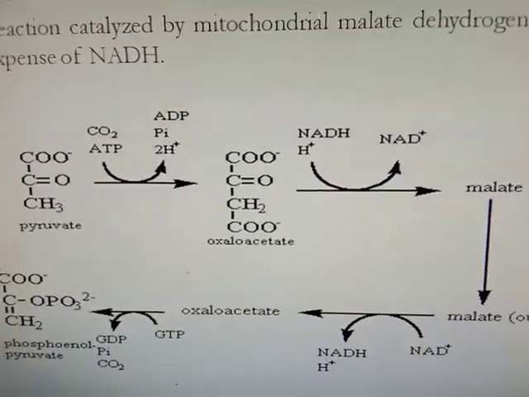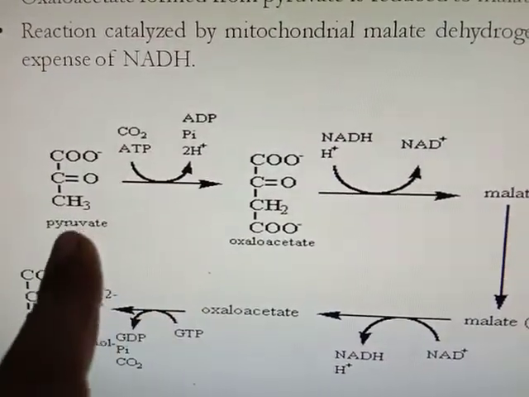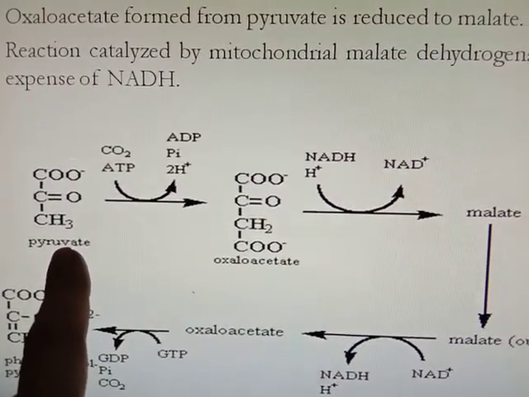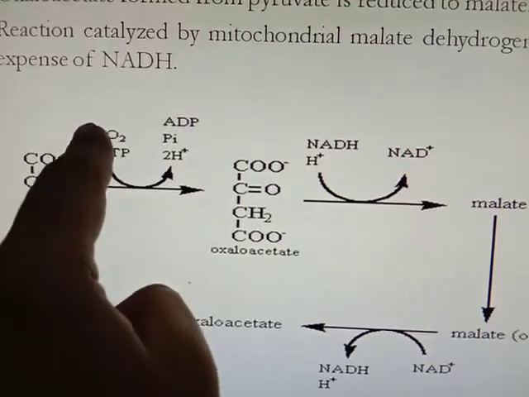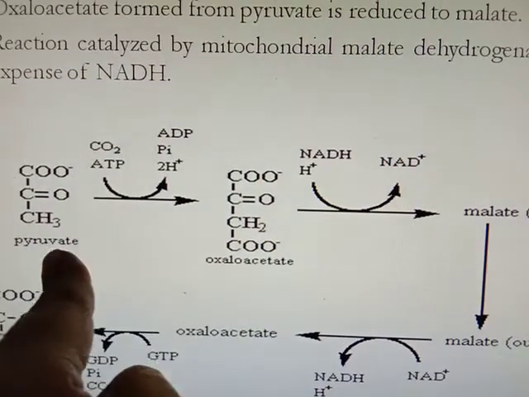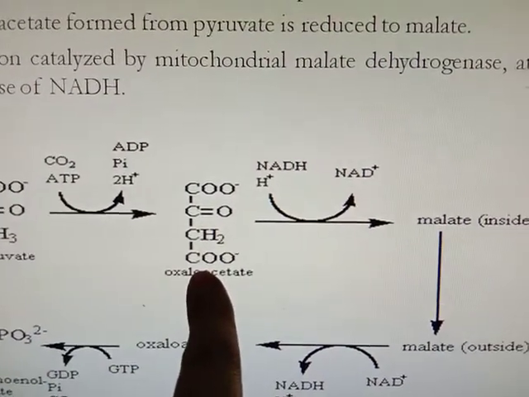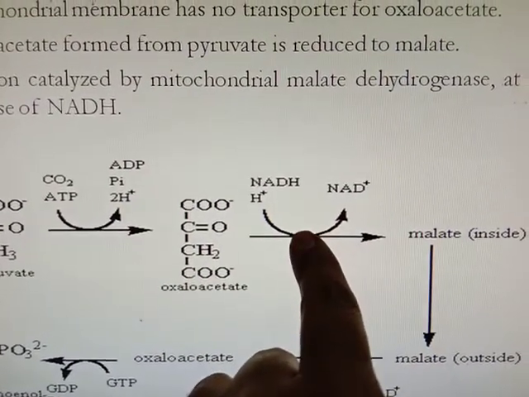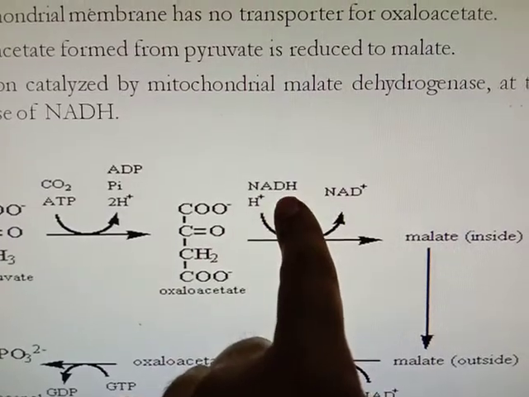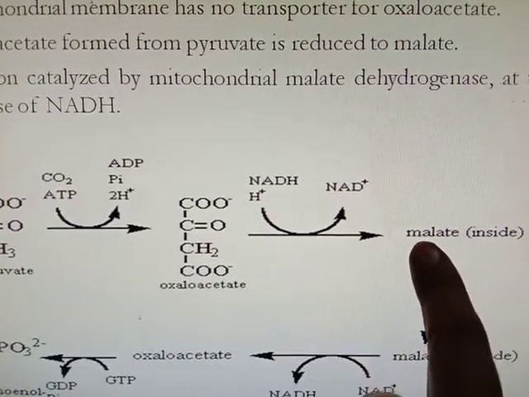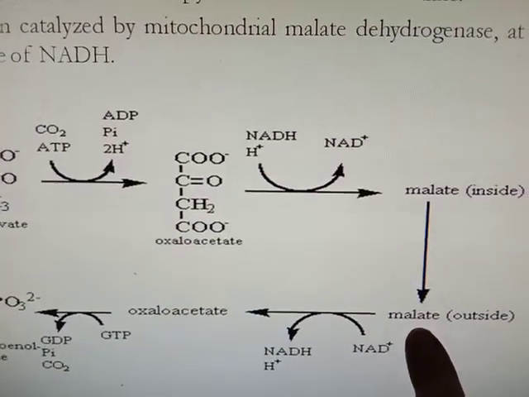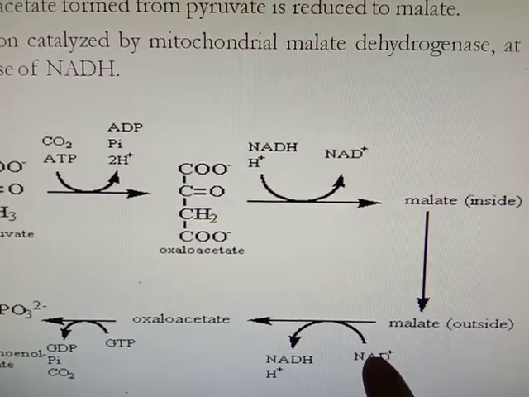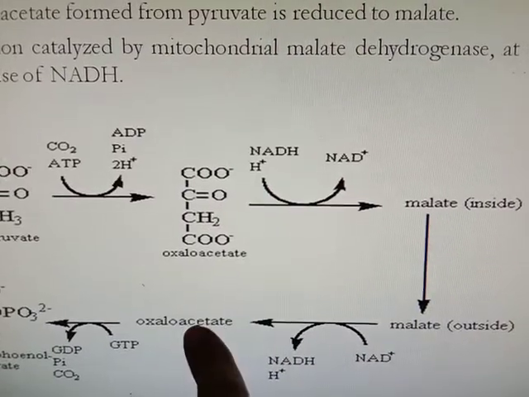So now see the image. In the first step, pyruvate is transported into mitochondria, and with the help of carbon dioxide and ATP that pyruvate is converted into oxaloacetate. Then this oxaloacetate, with the help of the enzyme malate dehydrogenase and the utilization of NADH, is converted into malate. Then this malate is transported to cytosol and converted to oxaloacetate.